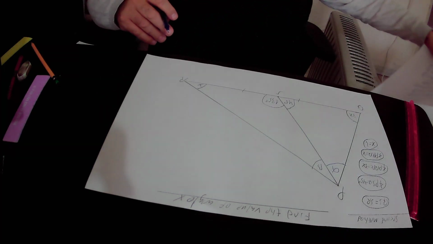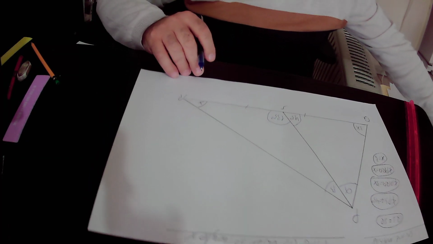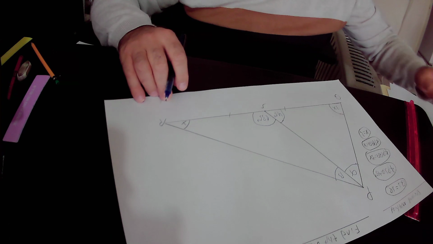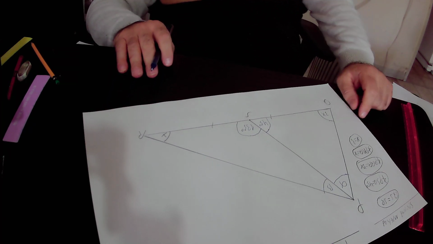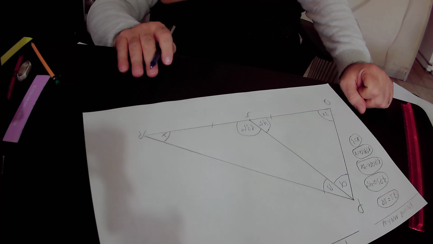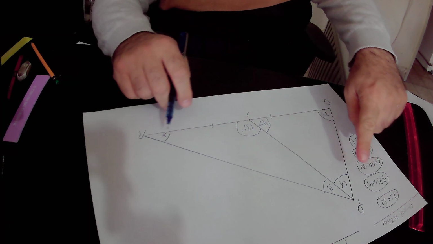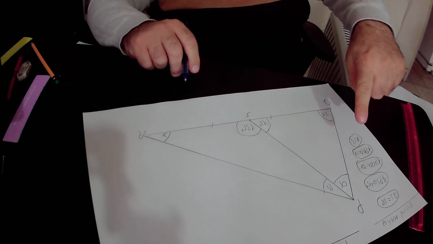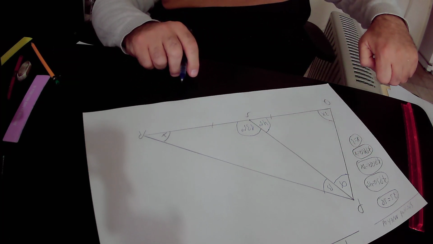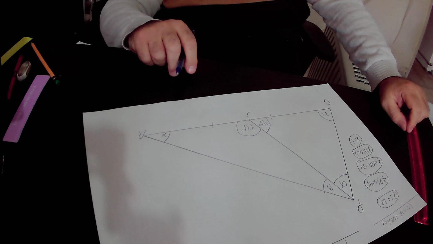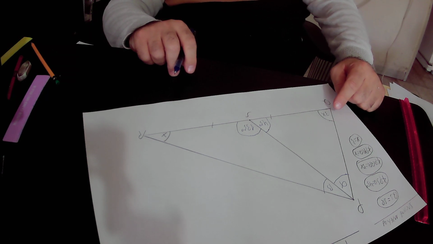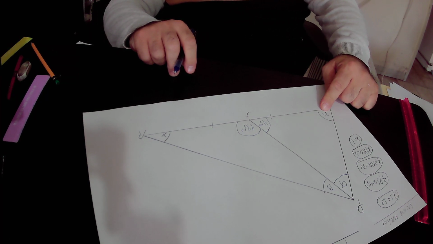Okay, now we'll do a construction from point Q. We'll draw a straight line to side PR of triangle PQR in such a way that we will get angle x.